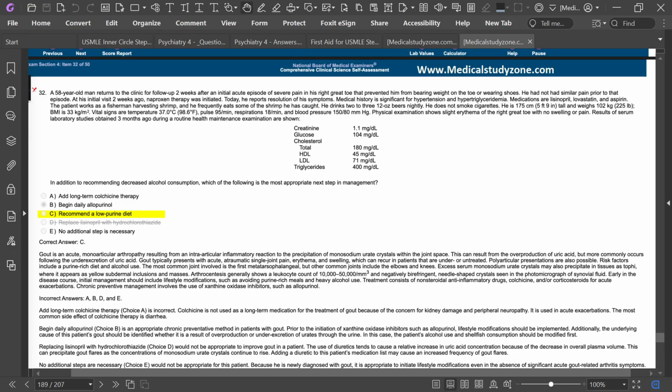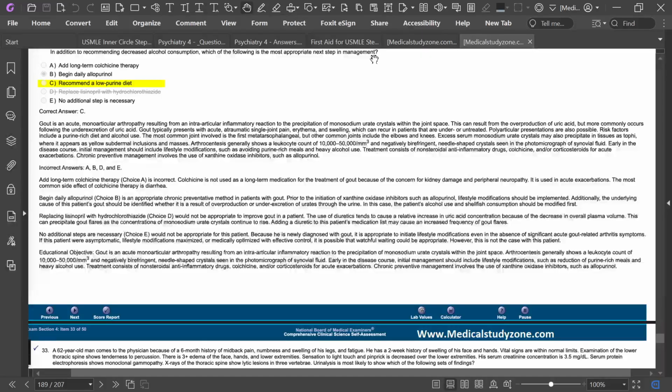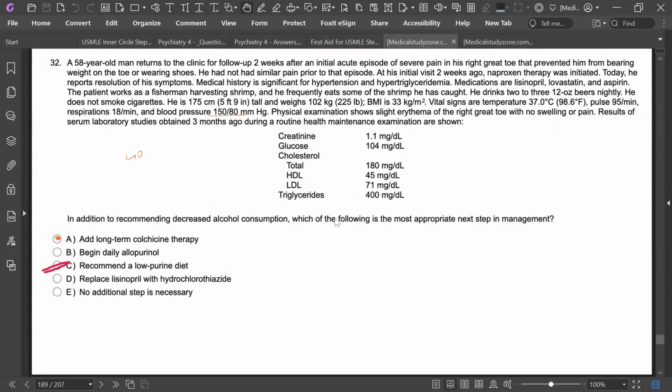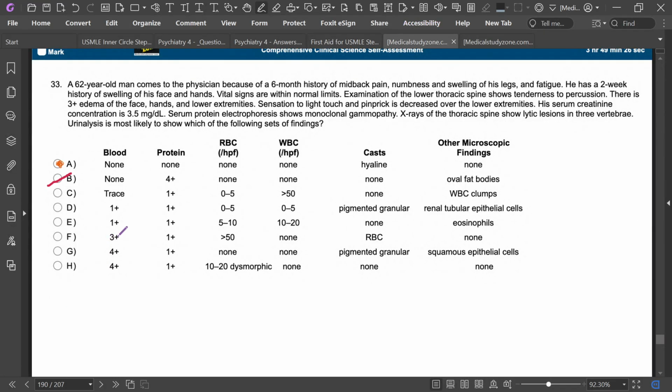Anyway, a 62-year-old man comes to the physician because of a 6-month history of mid back pain, numbness, and swelling of the legs and fatigue. He has a 2-week history of swelling of his face and hands. Vital signs are normal. Exam of the lower thoracic spine shows tenderness to percussion. 3-plus edema of the face, hands, and lower extremities. Sensation to light touch is decreased over the lower extremities.